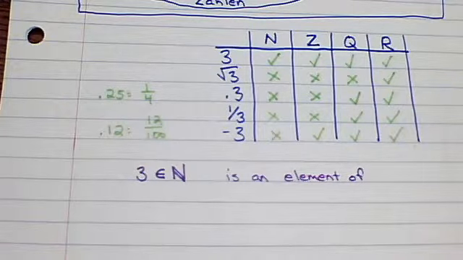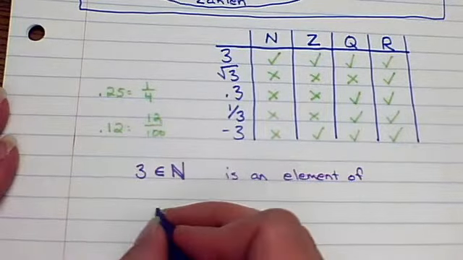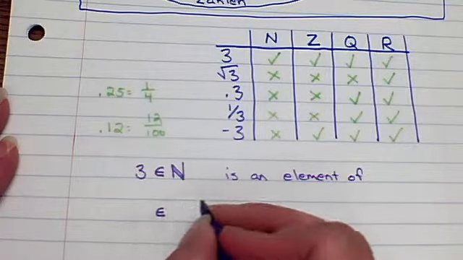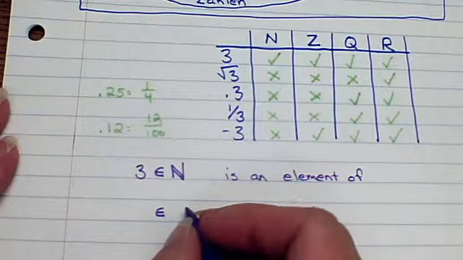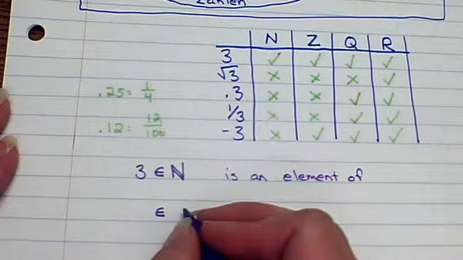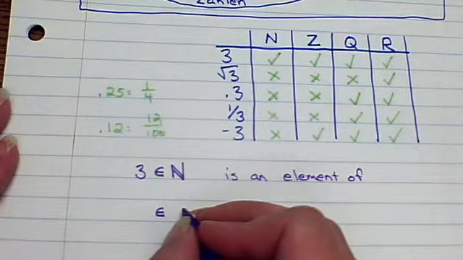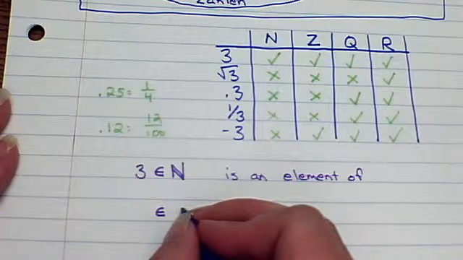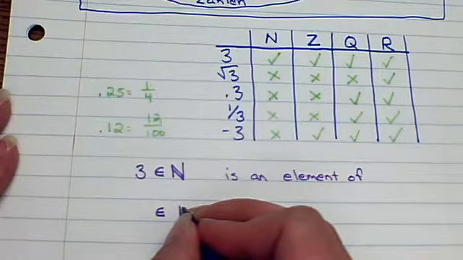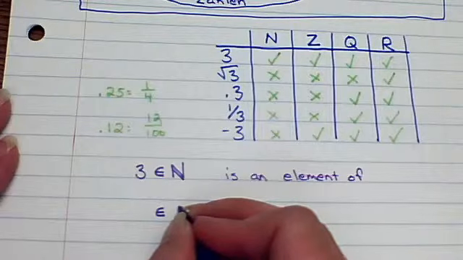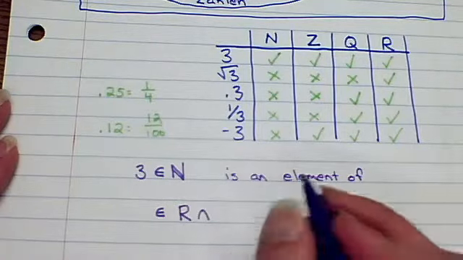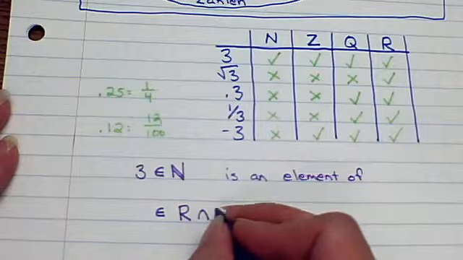Other notation, intersection. What if I wanted to find an element that is in the intersection of the reals and the natural numbers?